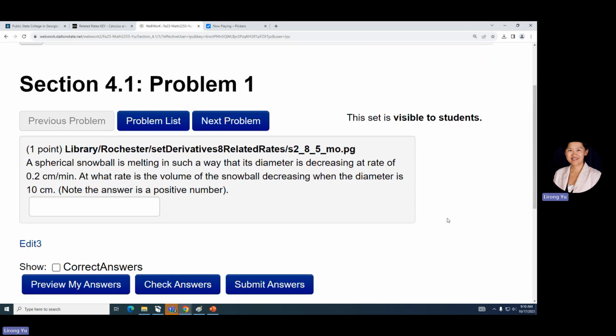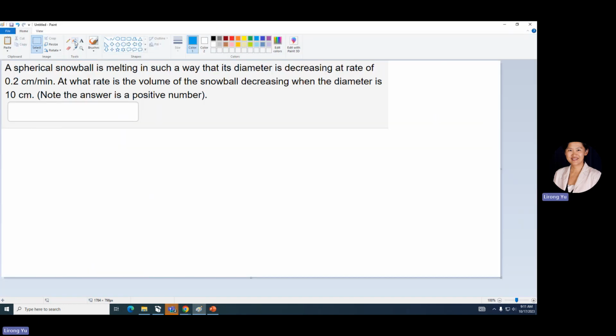So when you look at the question, the number one thing is to realize what kind of relation exists between those quantities. Reading through the question, we're talking about a sphere, a spherical snowball, and the diameter and the rate of the volume.